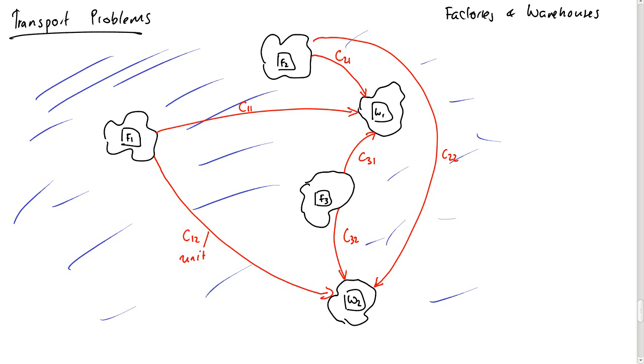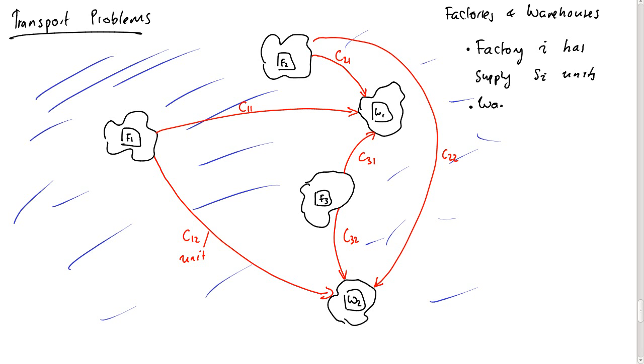Okay, so what's the problem? Well, the problem is: factory i has supply, or the maximum supply, of Si units. That's the most it can produce and ship.